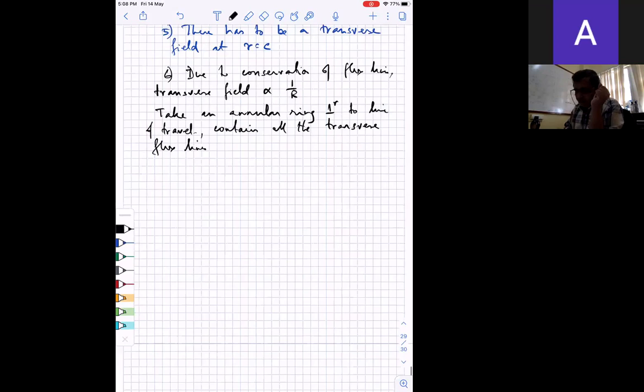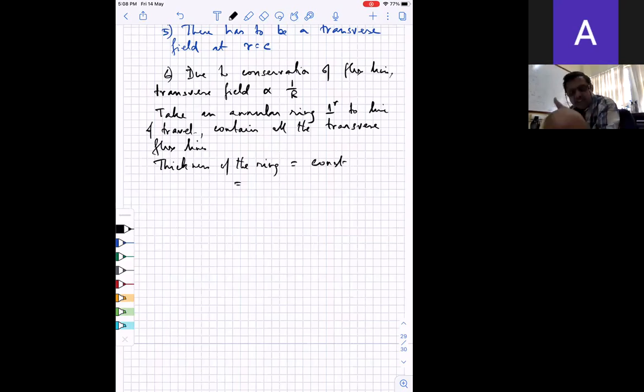Now, the thickness of the ring is basically a constant. Why? Because this is nothing but the light travel distance into the acceleration time.